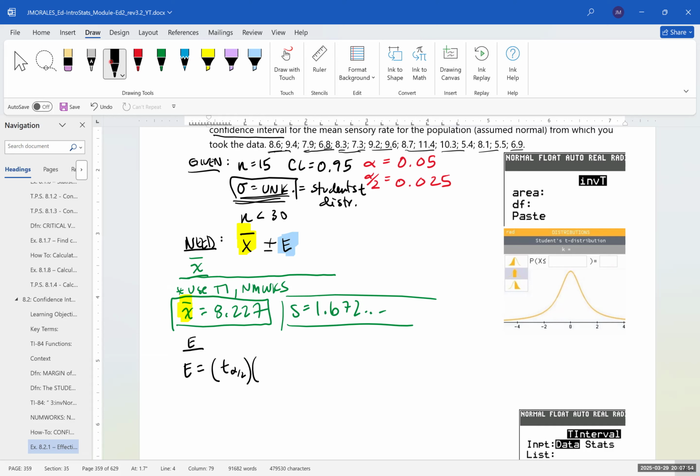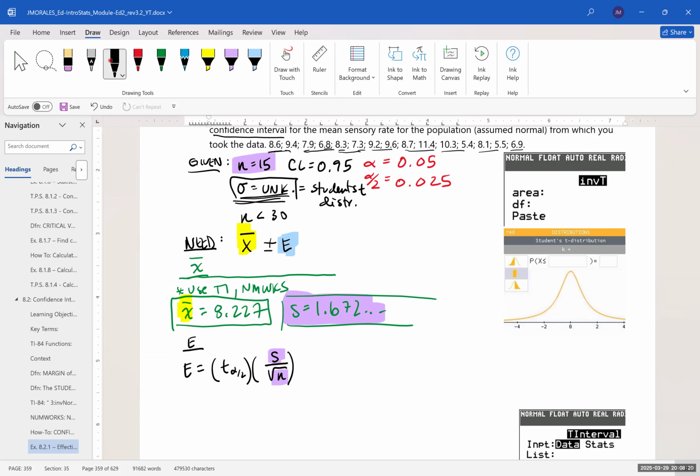Now it's not sigma, it's just going to be the sample standard deviation divided by the square root of n. The sample standard deviation we just got. Okay, we had to calculate that. Sample size we know is 15, so we're good there. We just need to calculate this t alpha/2 score.